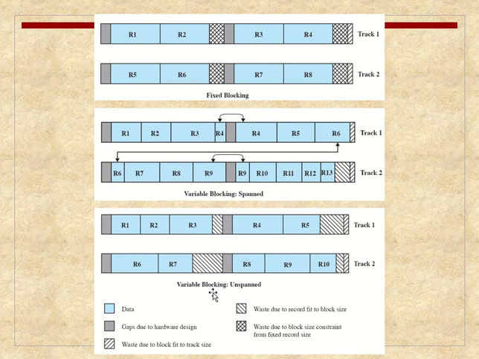The third type of blocking is variable with unspanned. Records are kept in variable sizes, but they cannot be spanned across multiple sides of the track or multiple tracks.